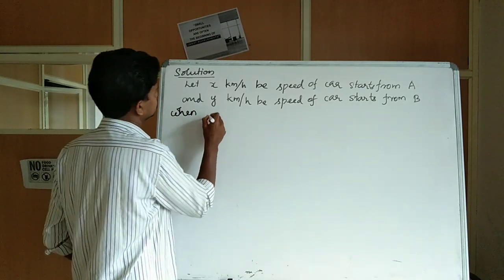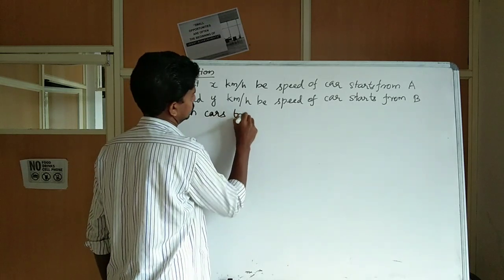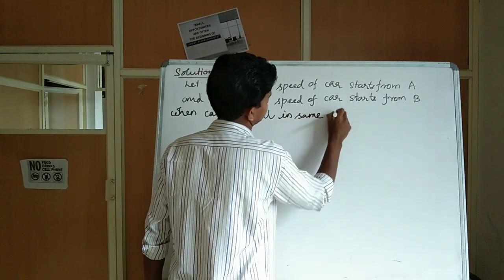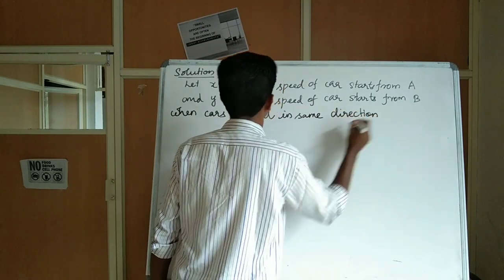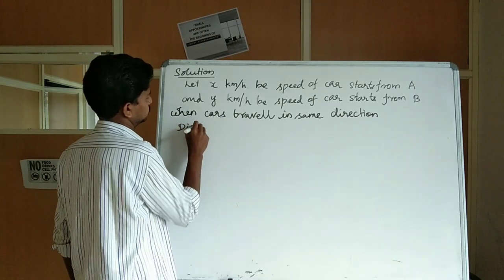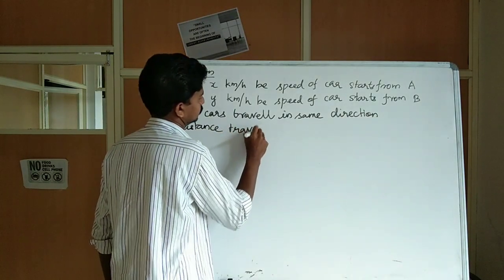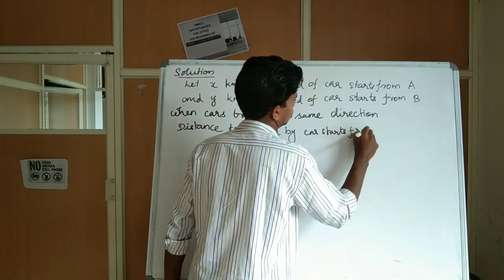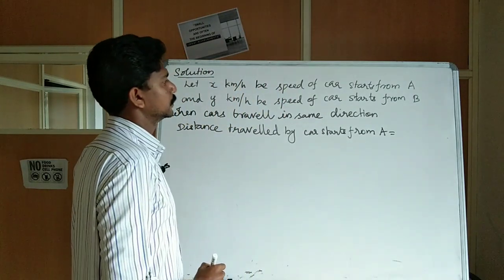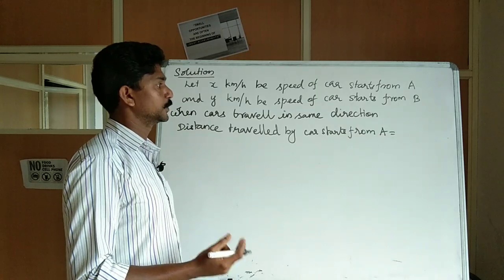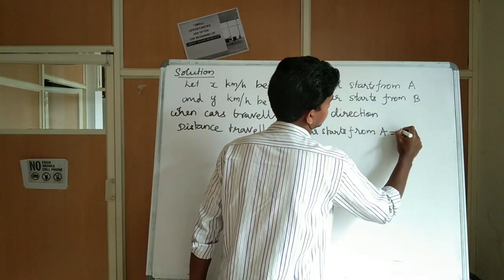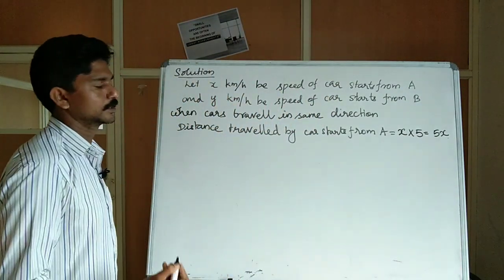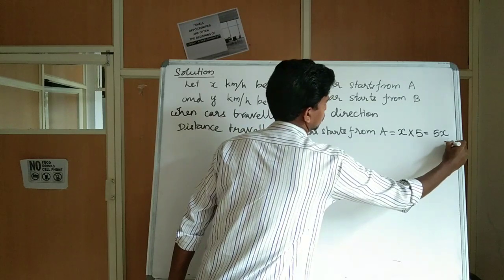When cars travel in the same direction, the distance traveled by the car that starts from A is equal to speed into time, that is 5x kilometer.